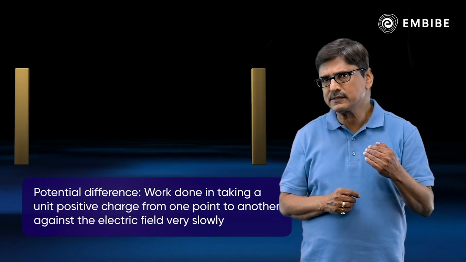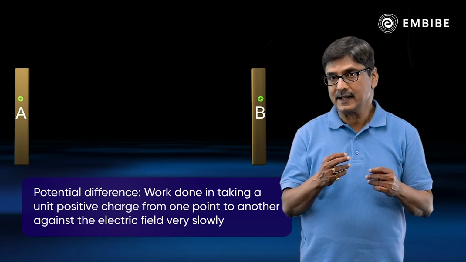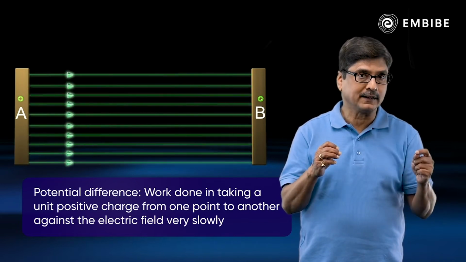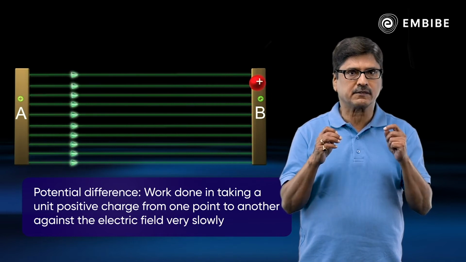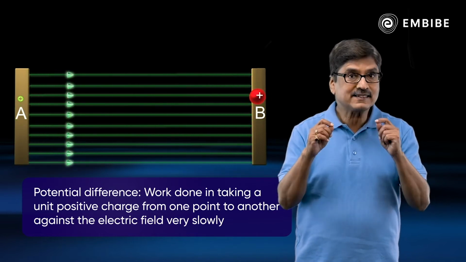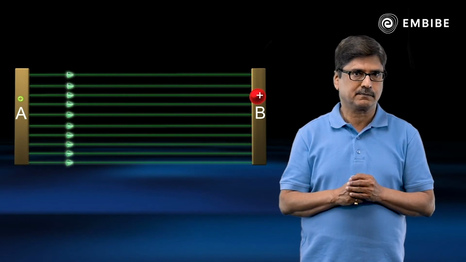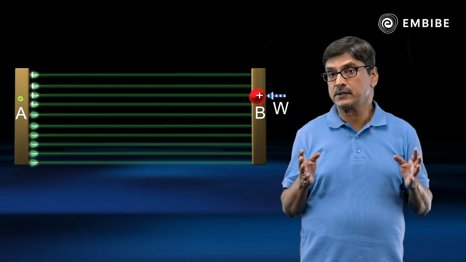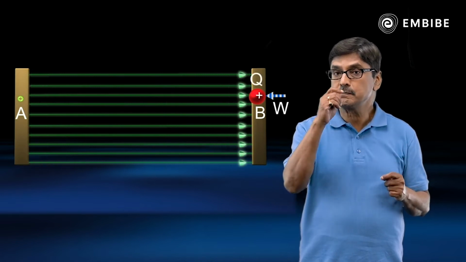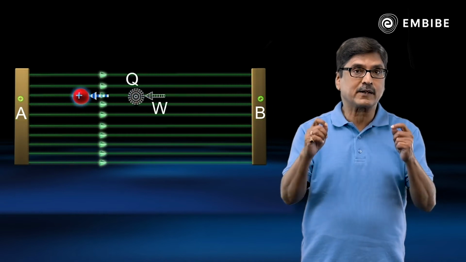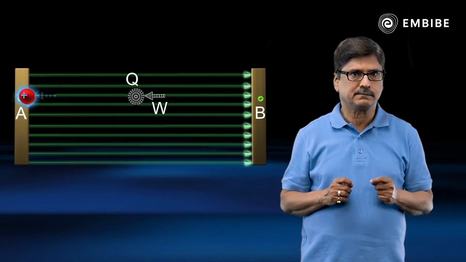The potential difference between 2 points in an electric field is defined as the work done in taking a unit positive charge from one point to the other against the electric field. Assume that work W has been done to bring the positive charge Q from point B to point A against the direction of the electric field.